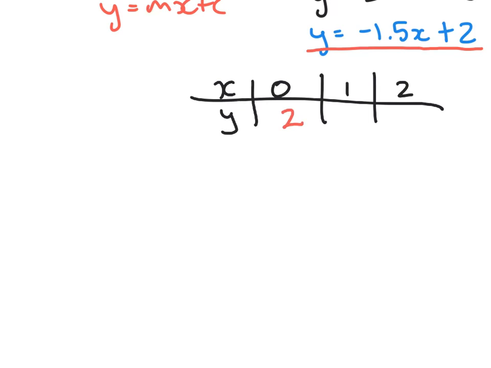Y is equal to 2. If x is equal to 1, y is equal to negative 1.5 times 1 plus 2, 0.5. If x is equal to 2, y is equal to negative 1.5 times 2 plus 2, which is negative 1.